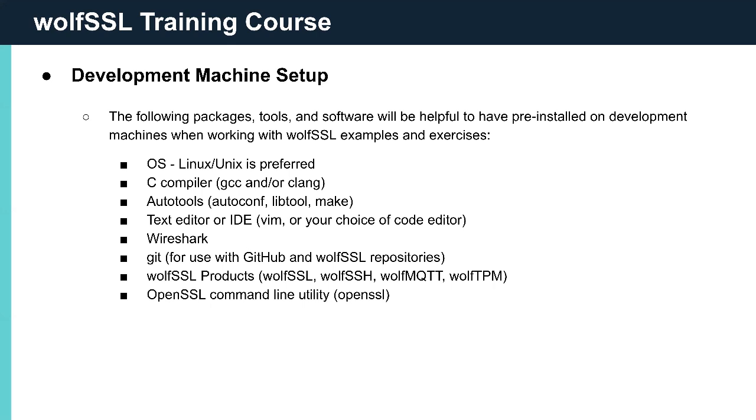A text editor, or something like Vim, Wireshark to capture some protocol traffic, and Git to pull down our repositories. We host all of our code on GitHub since we're open source. The wolfSSL products will be helpful to have if you're going to play around with building some of our examples; you'll need the corresponding product to go along with that first. I'll also be mentioning the OpenSSL command line utility a couple times throughout this webinar to help us inspect some certificates and keys.